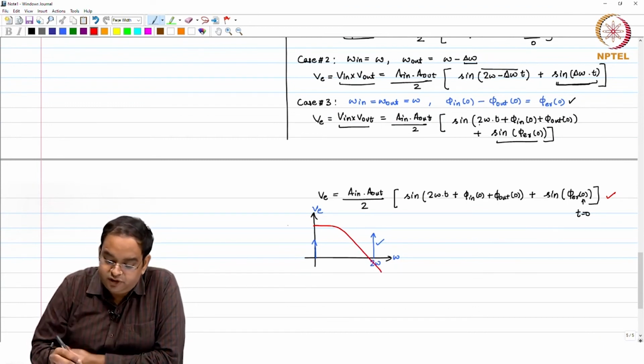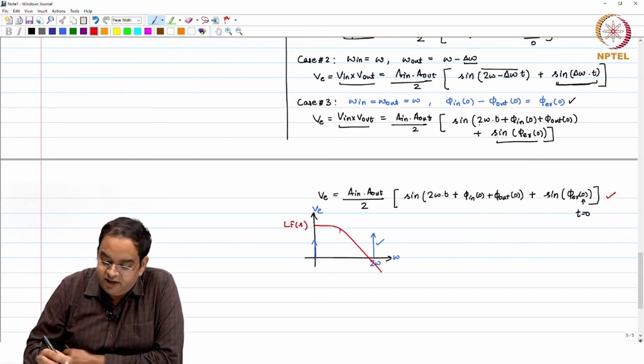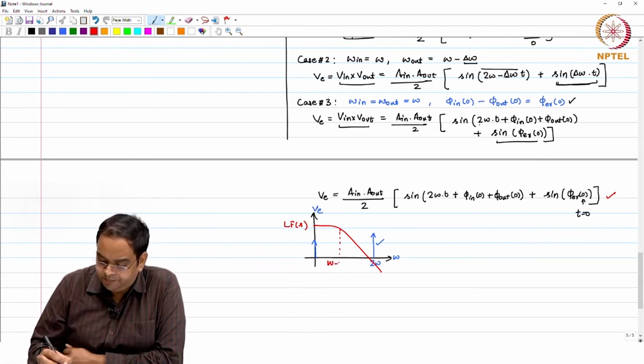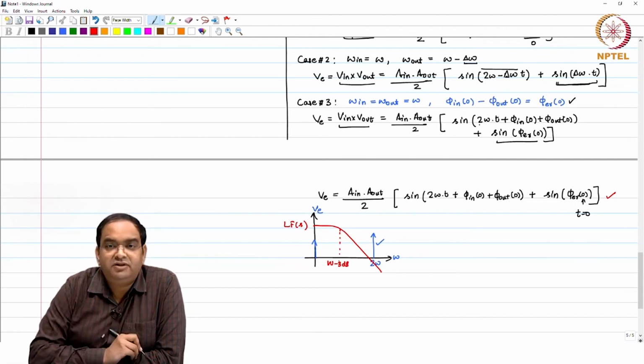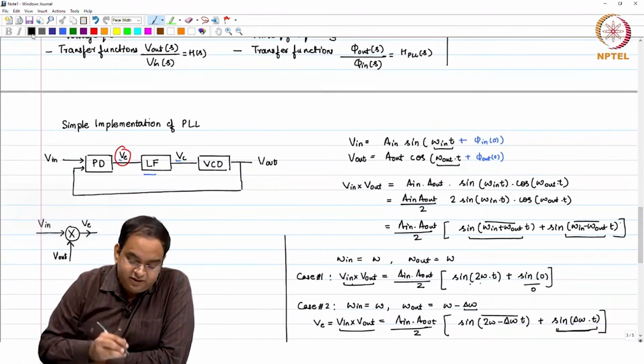It will have some bandwidth, omega minus 3 dB, and this bandwidth is going to be smaller than the 2 omega component for sure.